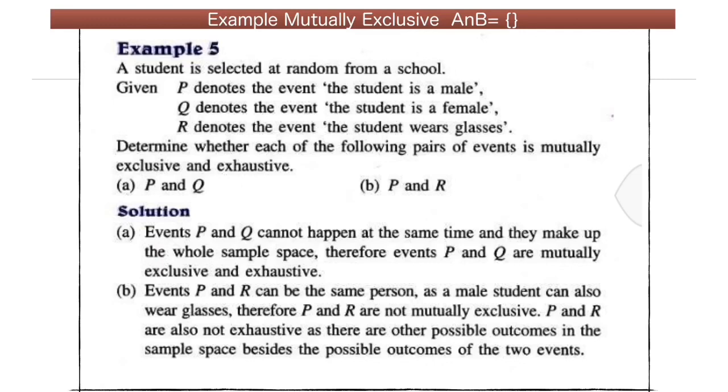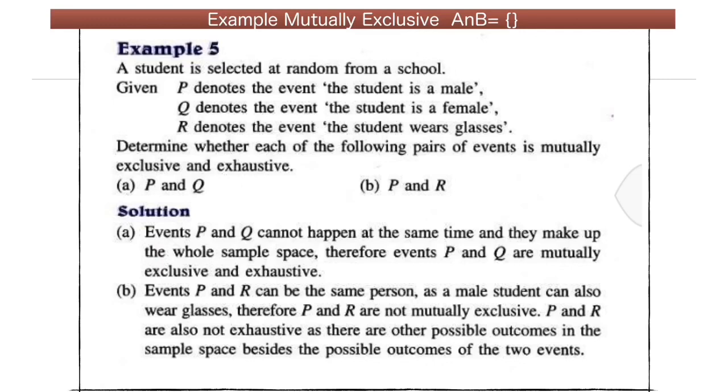Okay, exhaustive means that it belongs to the whole sample space. That means the number of students must be equal to the number in the sample space. Let's say your P and Q union, you consider all the elements, is equal to your universal set, the sample space. So that is called exhaustive.